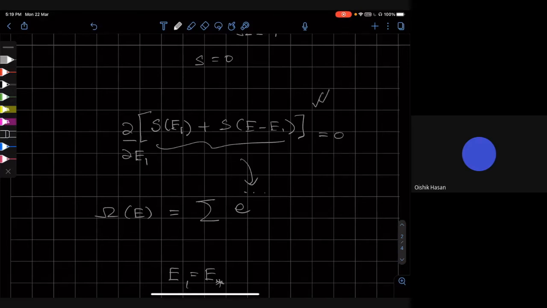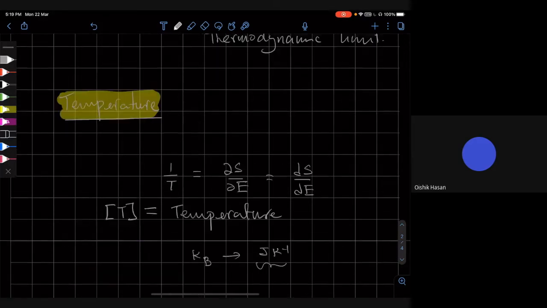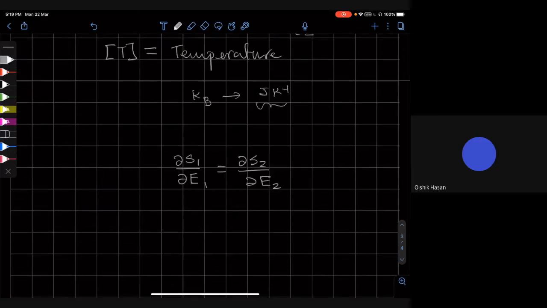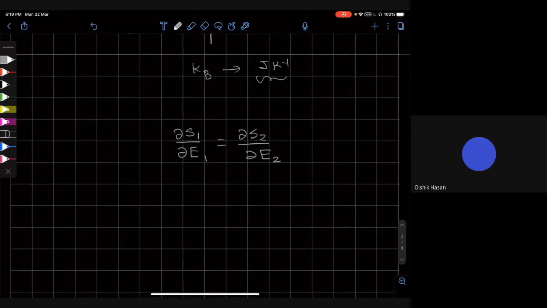Of course, what we're using here is the fact that dE1 is equal to minus dE2. So we see that when they are at equilibrium, the temperature of the two systems must be the same, and let's call that T. So at least we have established one important property of the temperature that our definition satisfies.